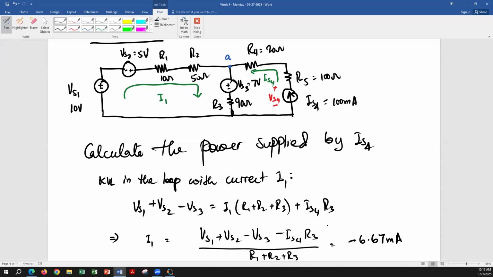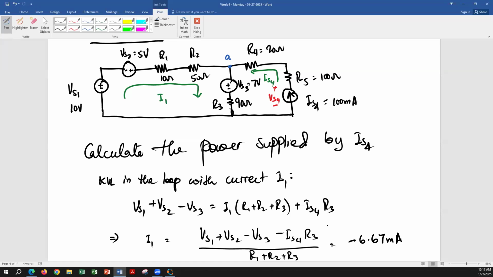Sources basically are what I'm writing on one side, and resistors will always drop the voltage. So all the drops are on the other side. Now my VS1, VS2 are in the same direction, so both of them added. VS3 is opposite direction, so I subtracted it. And then on the right-hand side are all my drops in the resistors. So all of those drops will be added together.